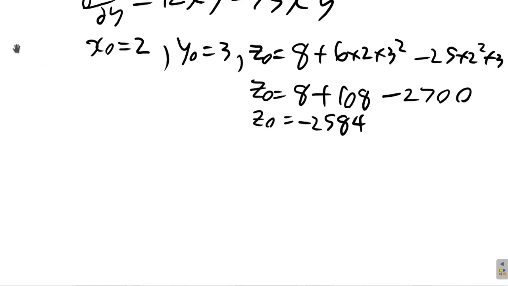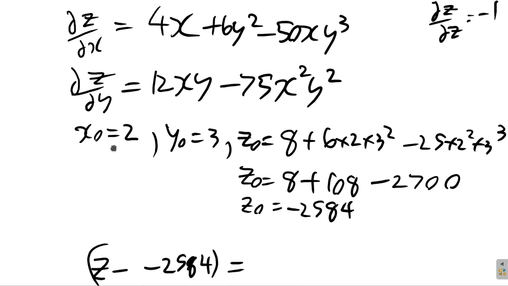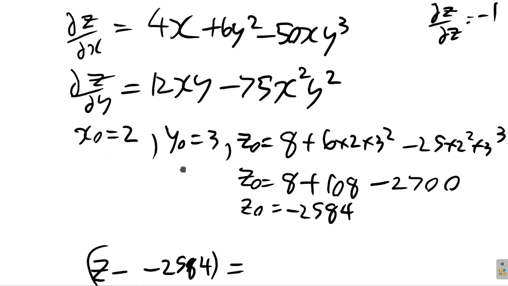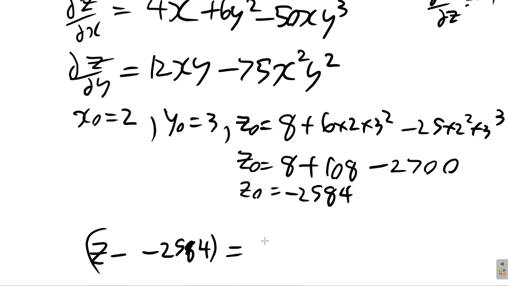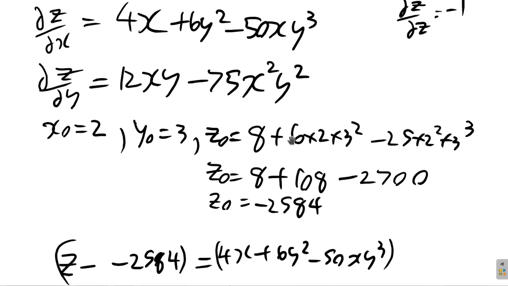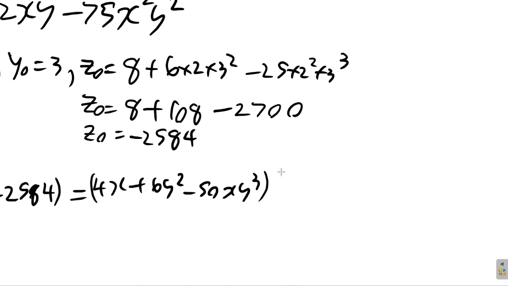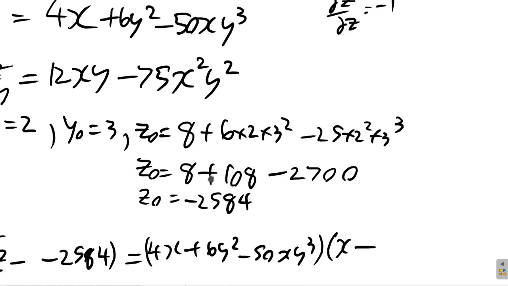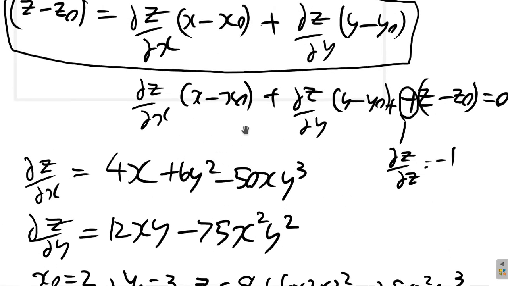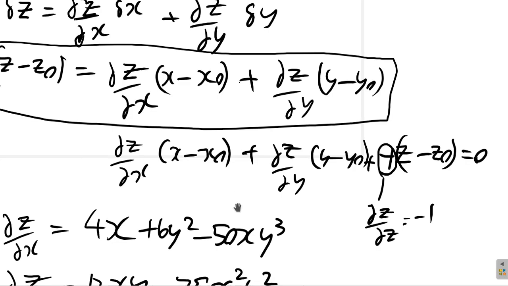Z minus z naught, which is z minus negative 2584, is equal to delta z by delta x, that's 4x plus 6y squared minus 50xy cubed, times x minus x naught. X naught was what again? 2.